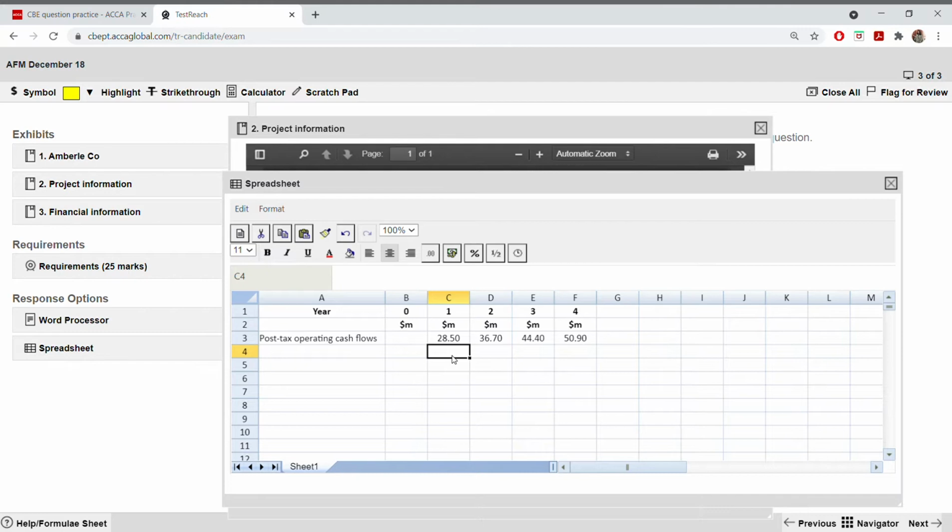Next item is investment. I have nothing to take from. And if you have seen one thing, when you have to calculate just the normal net present value, without adjusted present value, this post-tax operating cash flow itself you have to find out. That means they will give you some sales, then you have to inflate, then they will give you some cost that you have to inflate, then you minus sales, minus cost, and then you get some profit.